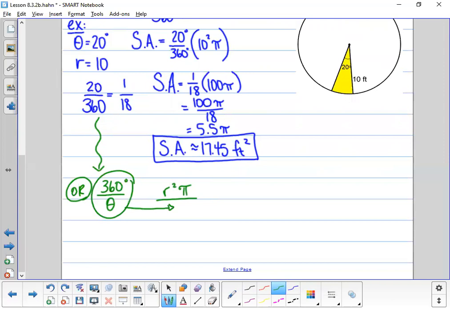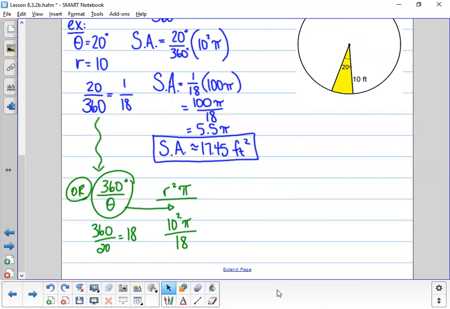So if I do 360 divided by 20, I get 18. Then I would do 10 squared pi divided by 18. It ends up the same way. Whether you divide by 18 or multiply by 1/18, you would still get the same answer.